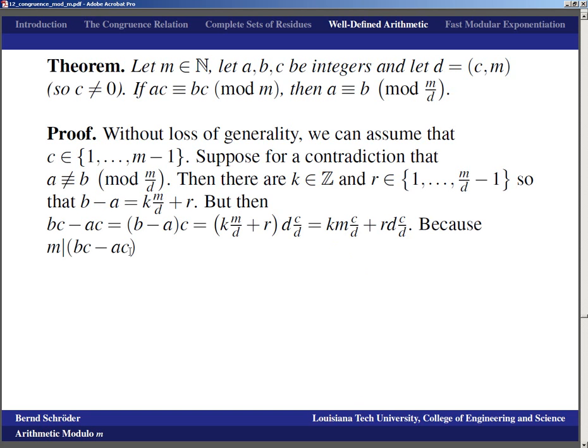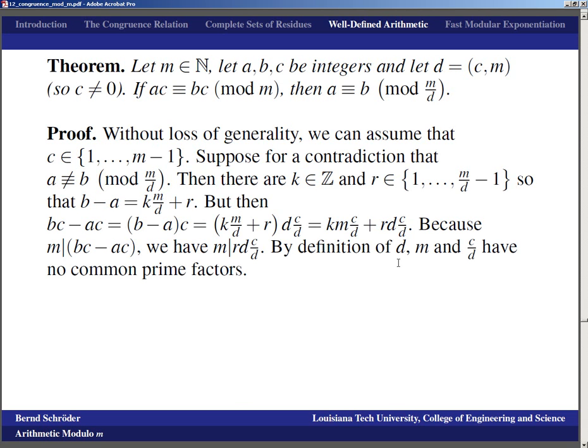So because m divides bc minus ac, and because m is also a factor of the first term, we have that m divides r d times c over d, and that is now problematic.